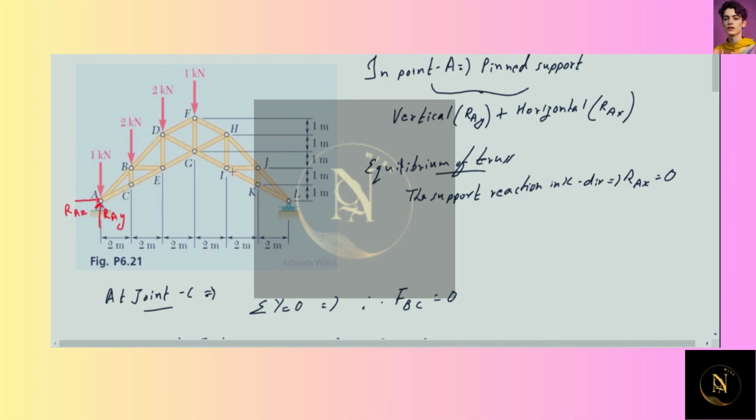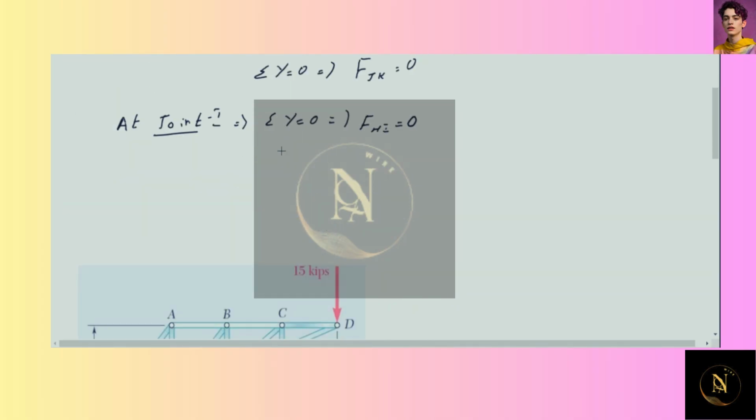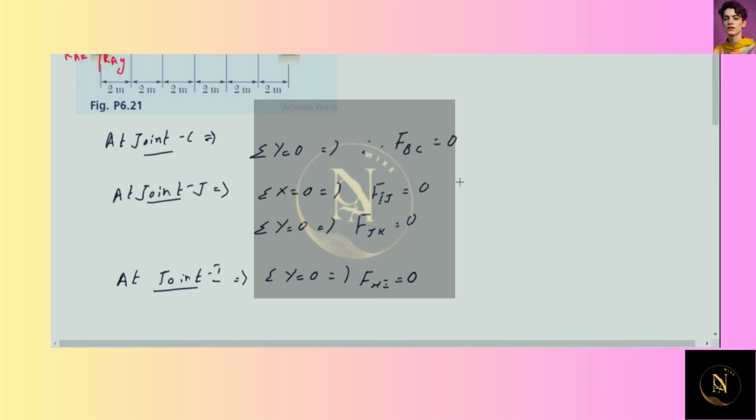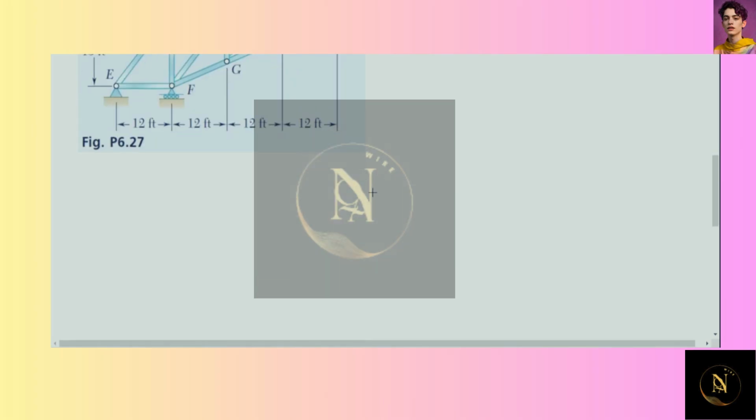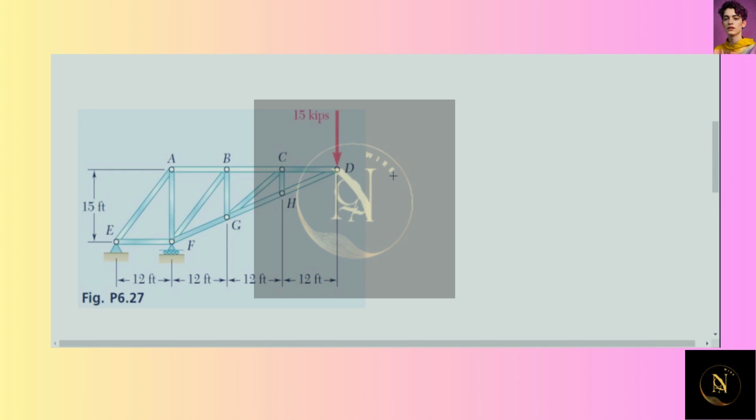We already found JI is 0, so HI will definitely be 0. So these are the zero force members, and let's go to the next one.